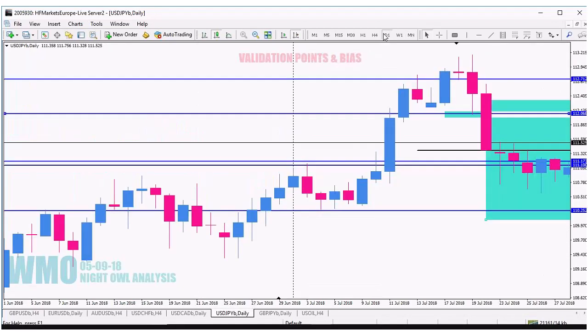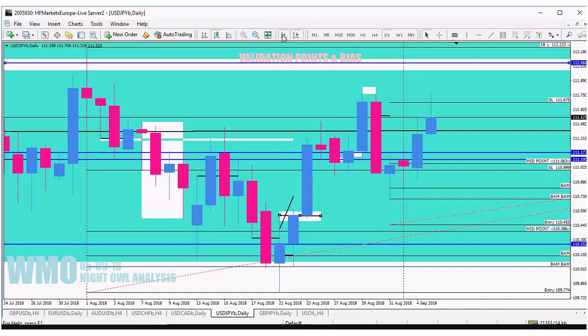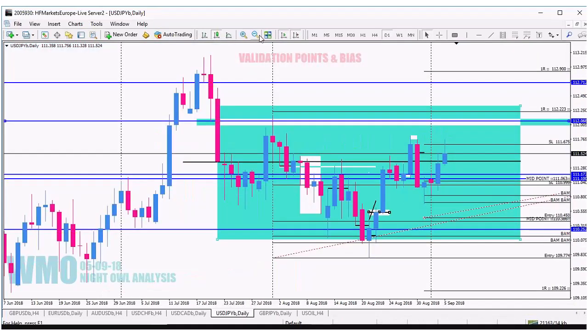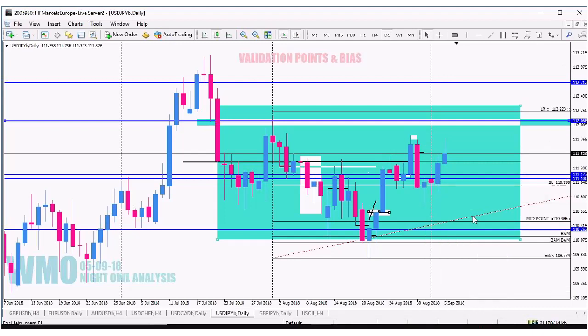I'll just show you some confluence. You can see how those bankers levels marry up with those validation points as well. Although it's not the prettiest bankers level I've done, it's quite ugly, you can see the way it marries up with those levels.